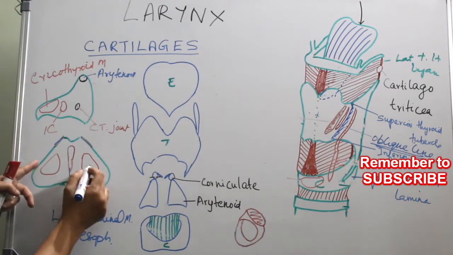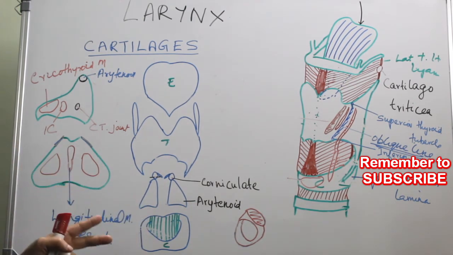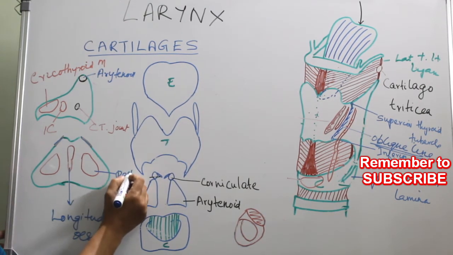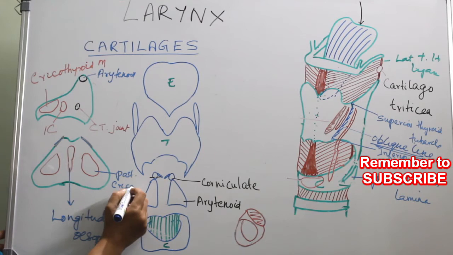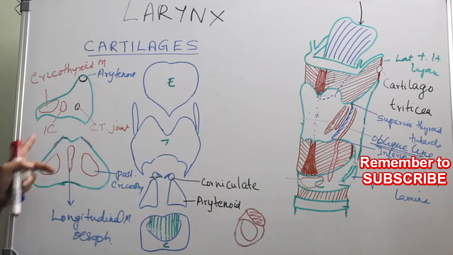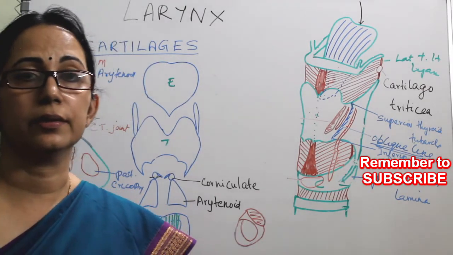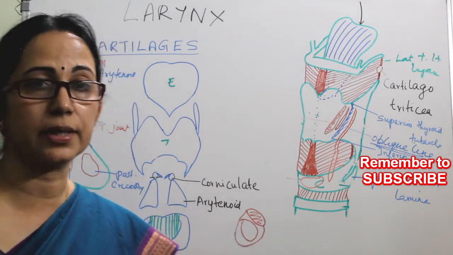And what are the two muscles attached on both sides? The posterior cricoarytenoid muscle. Okay, so that is regarding the anatomy of cricoid. It develops from the 6th pharyngeal arch.